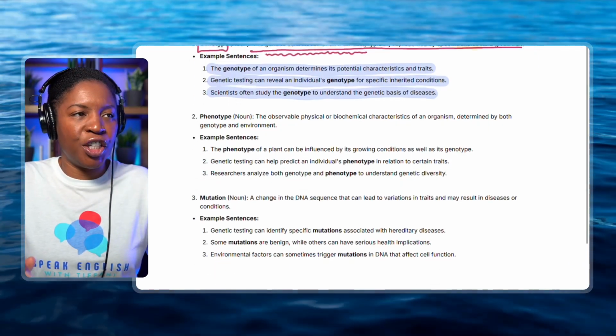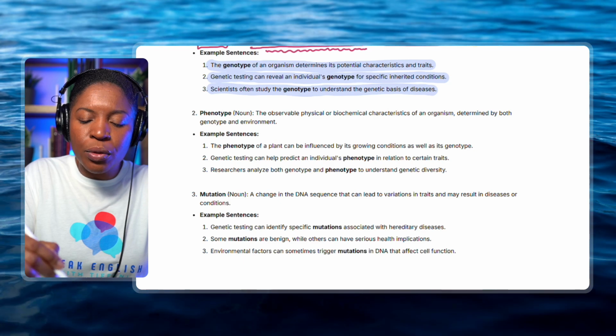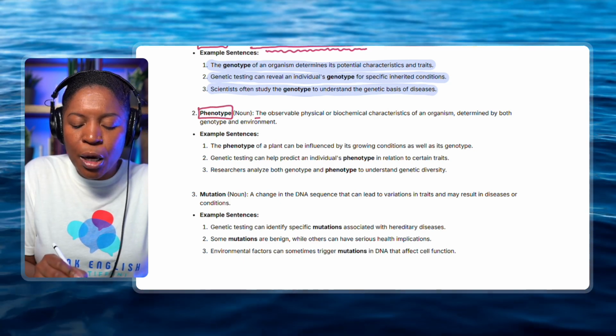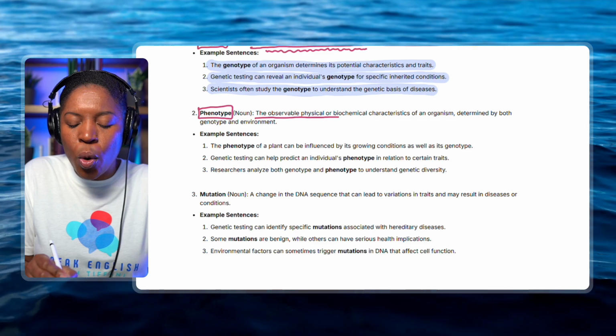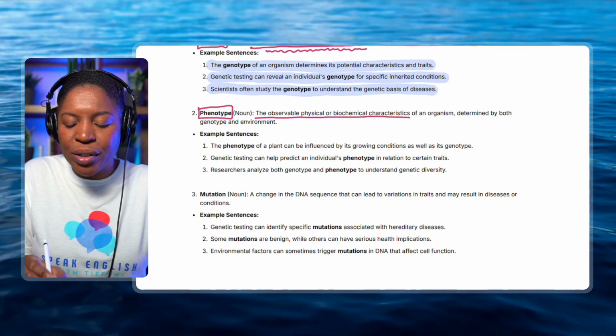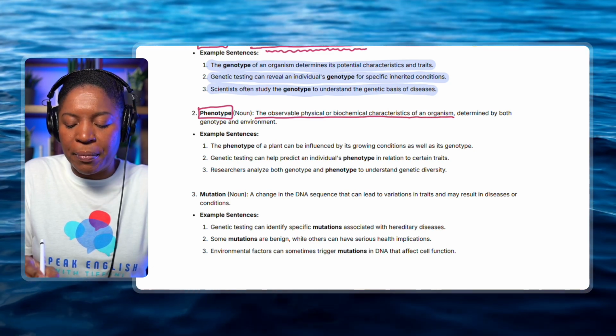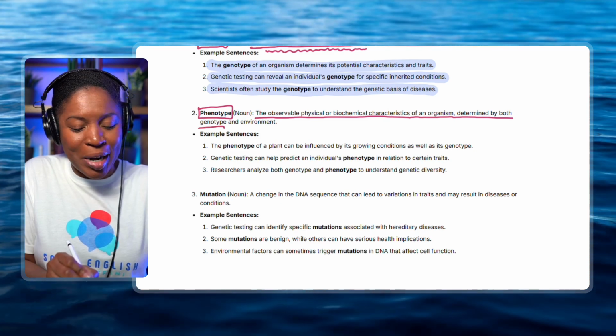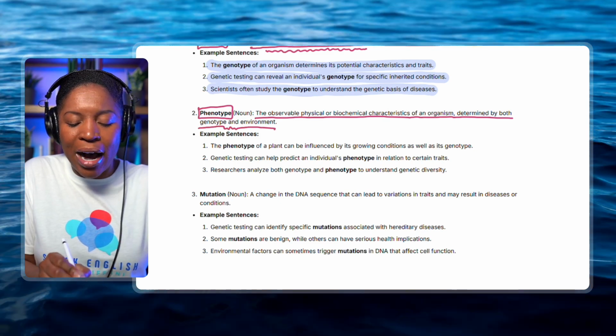But what is a phenotype? So we're going to go back to look at our definition, all right? So phenotype, this literally just refers to the observable physical or biochemical characteristics of an organism determined by both genotype, which we know now, and environment.